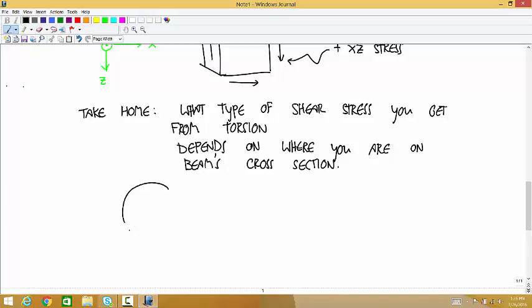Okay, so if this is the beam and this is the coordinate system, the x-axis out towards us, the y-axis up, the z-axis to the left, a point over here, torsion causes an XY shear stress.